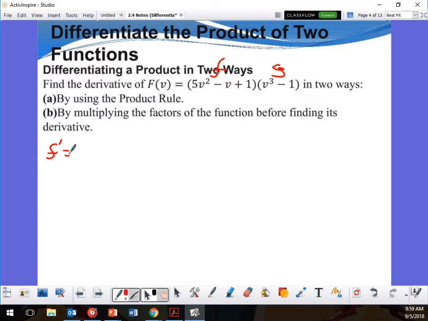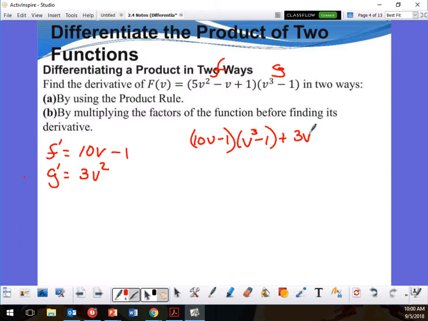So f prime is going to be 10v minus 1. Yes. G prime is 3v squared. So if I do the product on this, it's f prime, so 10v minus 1, times g, which is v cubed minus 1, plus my 3v squared times f, which is 5v squared minus v plus 1.